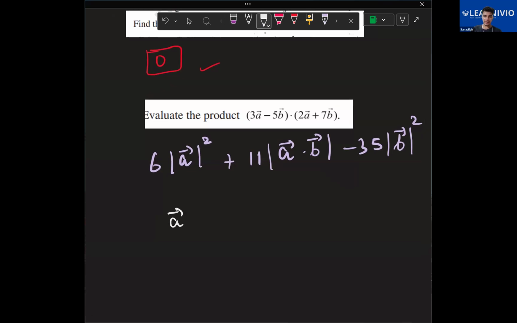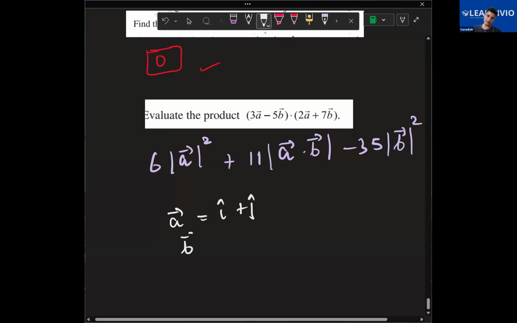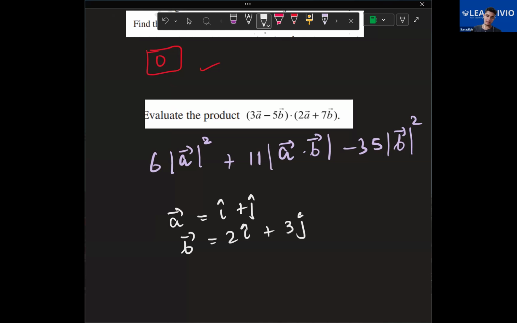Okay, let's suppose you have this a vector that is i cap plus j cap. And you have this b vector that is 2i cap plus 3j cap. Right.